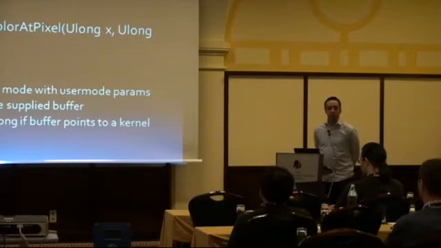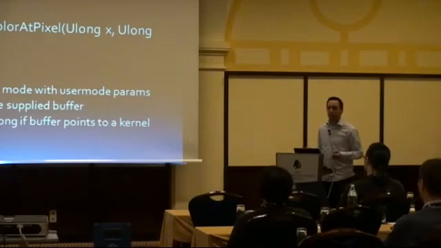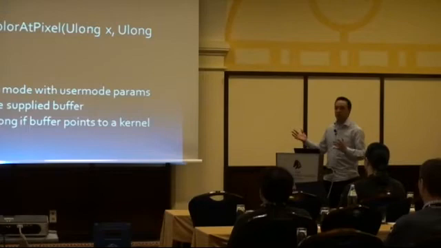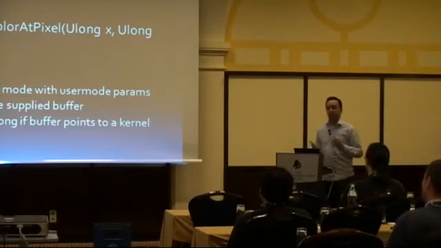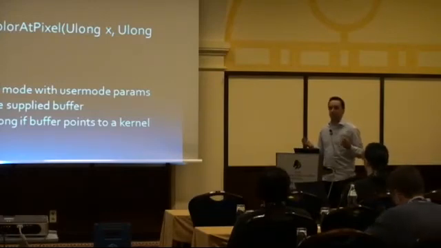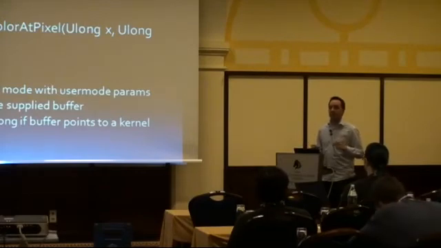What could go wrong? Well, what kind of checks do you think kernel mode is going to perform here? At least it's going to check if X is inside bounds, right? Y is inside bounds. But what about the buffer? What if an attacker says, OK, the buffer is in kernel mode?